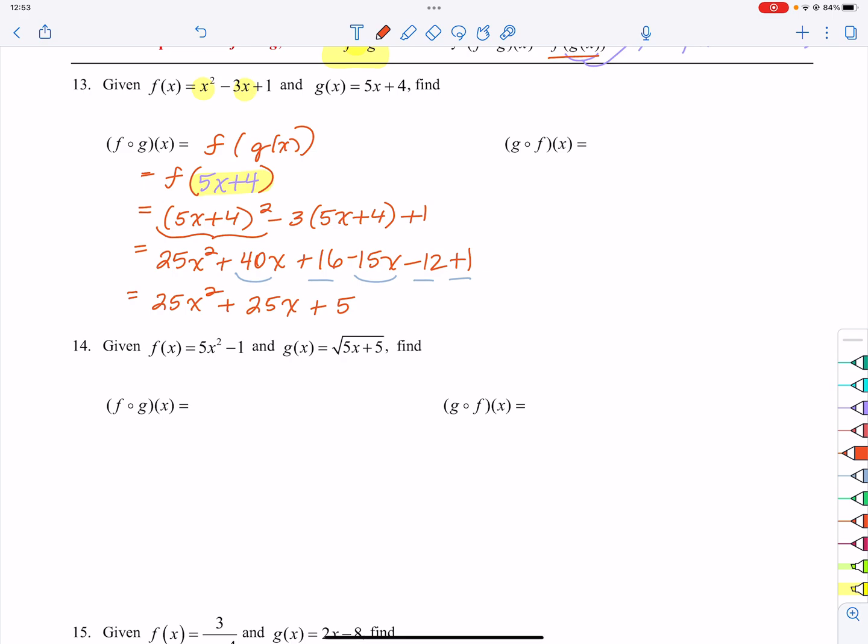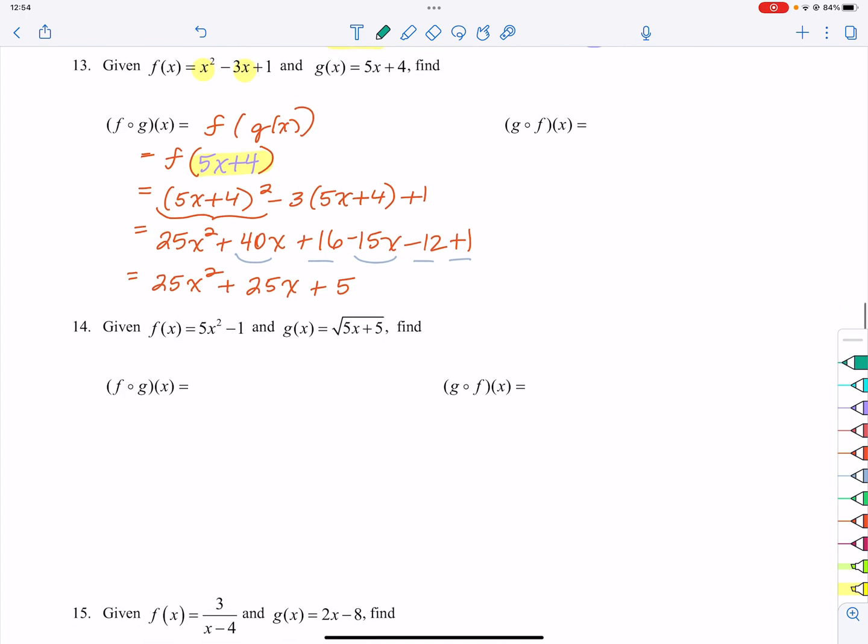Okay, let's try g composed with f of x. That's equal to g of f of x. So now we're going to go to the g function, and everywhere there is an x, we're going to have x squared minus 3x plus 1. So this is going in for that x.